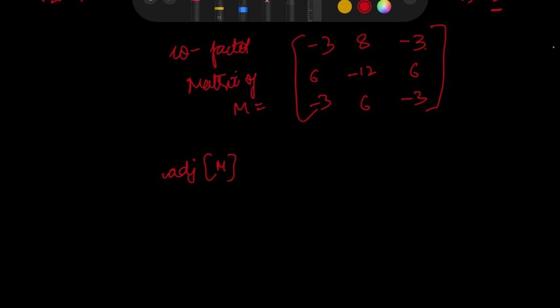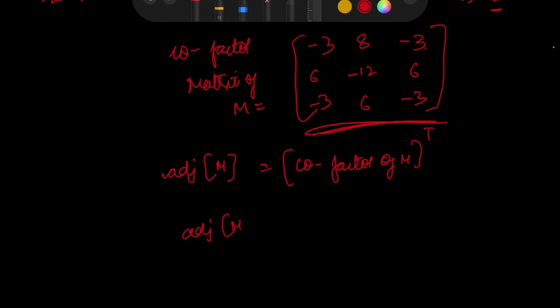So this is the cofactor matrix, and if I want the adjoint of matrix M, that is the original matrix, I'll have to just find the transpose of the cofactor matrix. Right? I found the cofactor matrix and I'll have to find the transpose of it. So the adjoint of M is equal to, transposing is nothing but keeping the first row elements in the first column, the second row elements in the second column, and the third row elements in the third column.